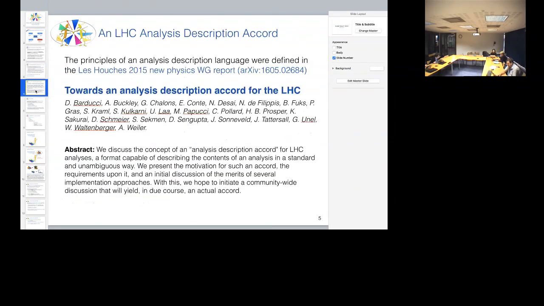Indeed, way back in 2015 at LINQ, there was a very extensive discussion about analysis description languages, and in particular we called this the analysis description accord, some kind of agreement by the participants who are listed here. In the proceedings, we wrote up that preliminary accord about what an analysis description language might entail. Since then, there have been various workshops and discussions about moving that forward.